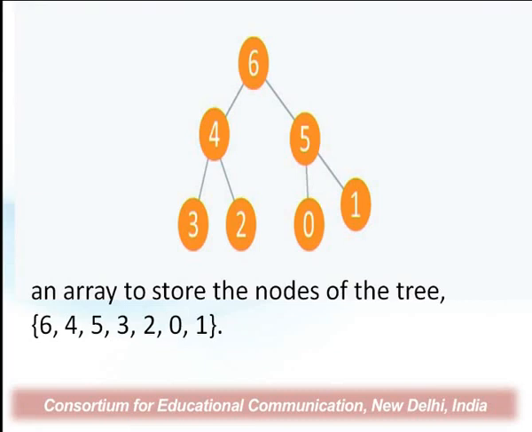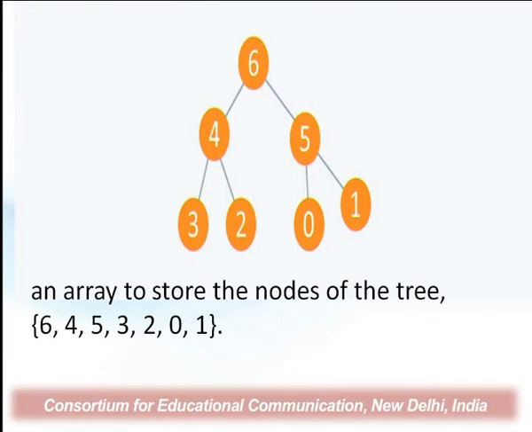The moment I say heap tree, the figure which comes to our mind is a kind of binary tree, or more specifically a binary search tree. In the coming minutes I will also tell what the difference is between a binary search tree and a binary heap, and which to use when.